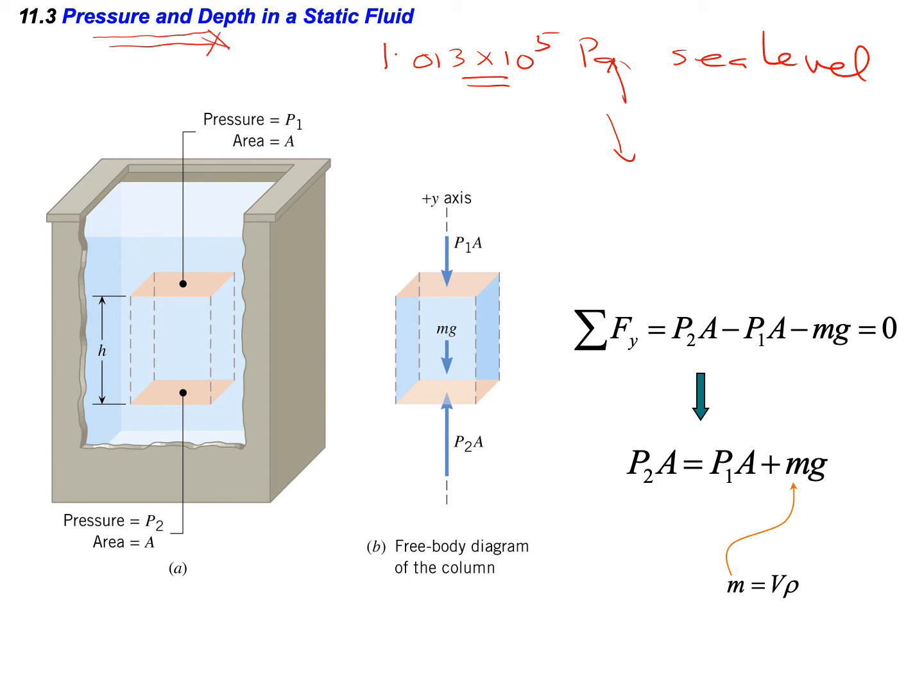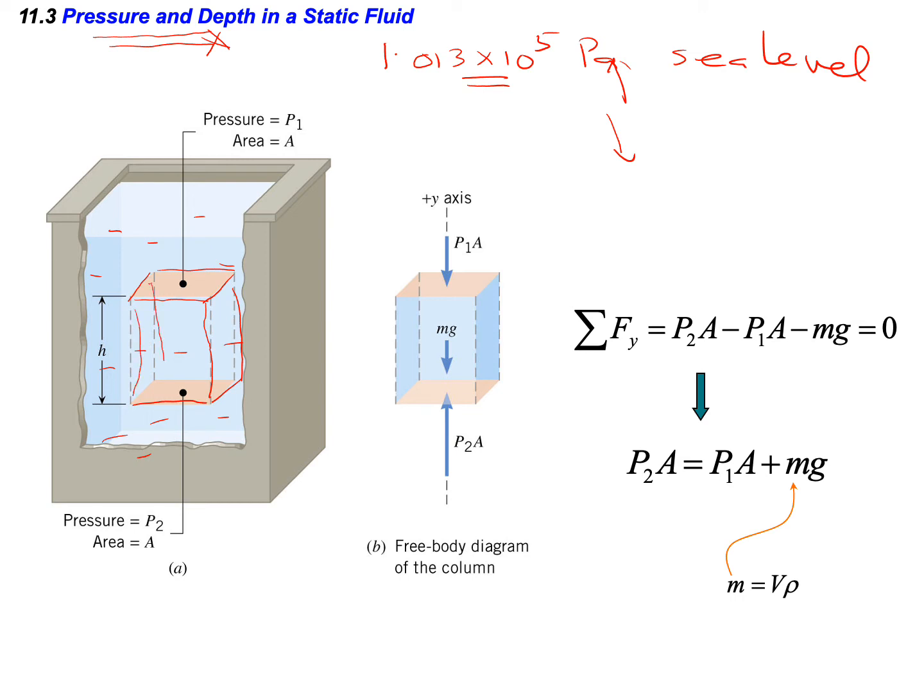To derive this equation, we have to consider a fluid, any type of fluid, and inside that fluid we imagine there is a cube in this shape, an imaginary cube made out of the same material.